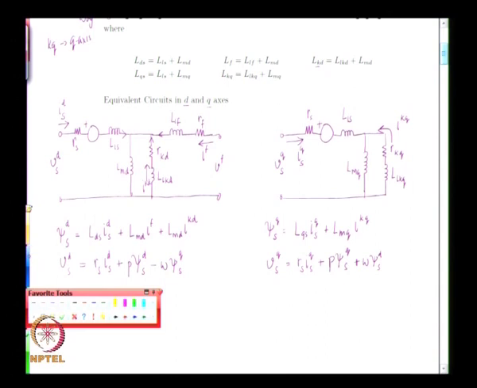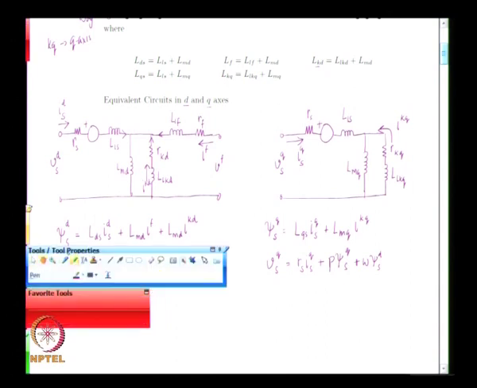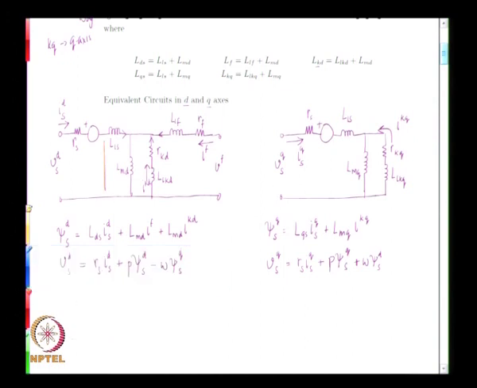Therefore, this voltage between these two nodes must represent P psi ds. Similarly, this voltage between these two nodes must represent P psi qs by similar arguments.